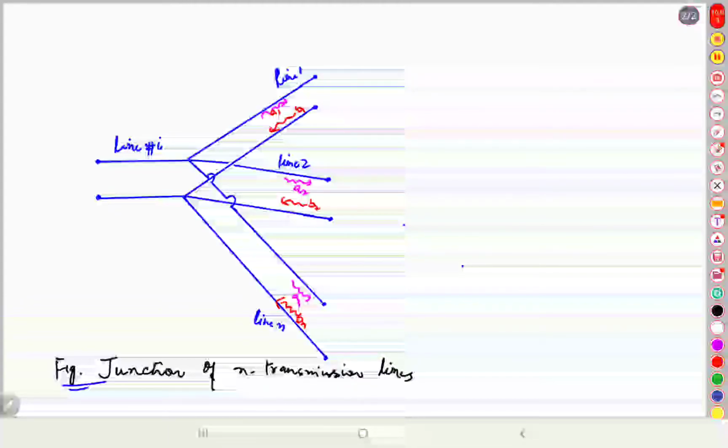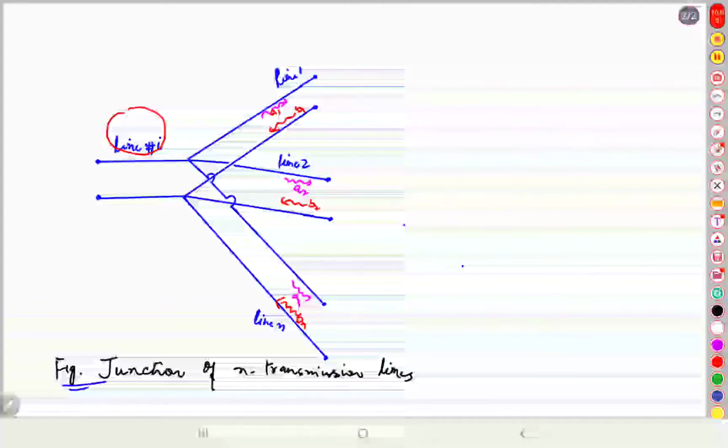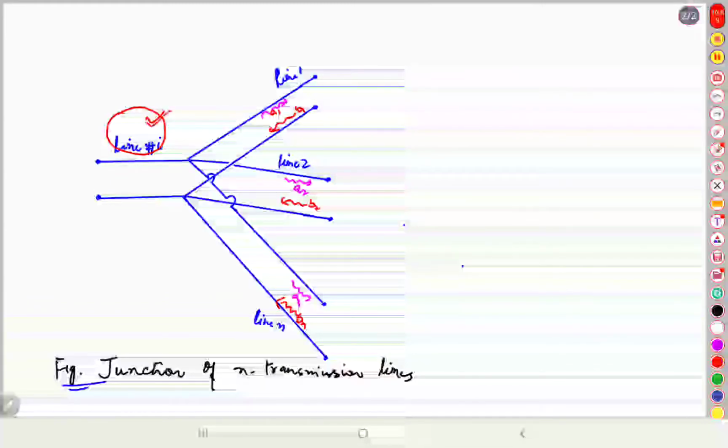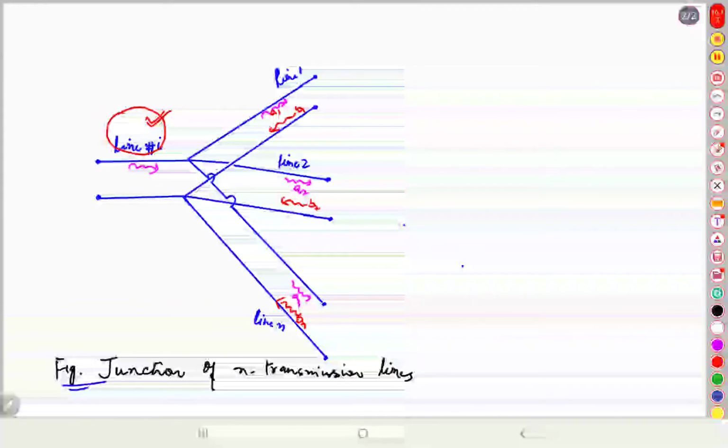And this line is my ith line. So at the ith line I have AI as the incident wave and BI as the reflected wave.